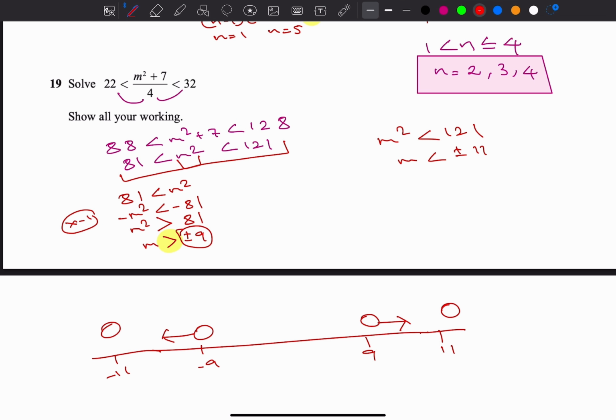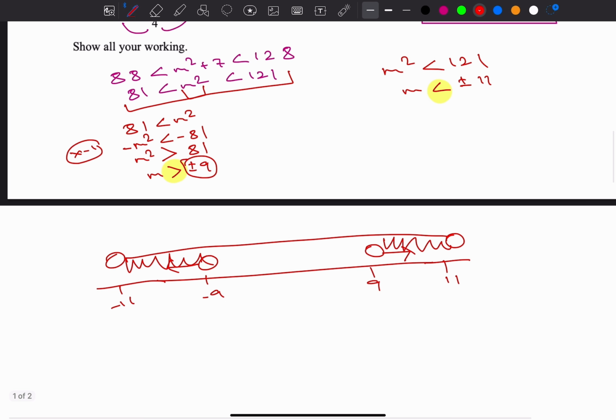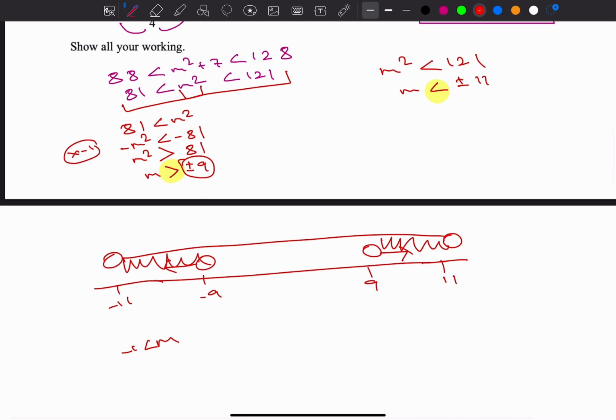And look at the way the sign is pointing, it's pointing that way. So they join, and where do they intersect? Here is an intersection, here is an intersection. So m is greater than minus 11, less than minus 9, and m is greater than 9, less than 11. Okay, this is how you do the answers.